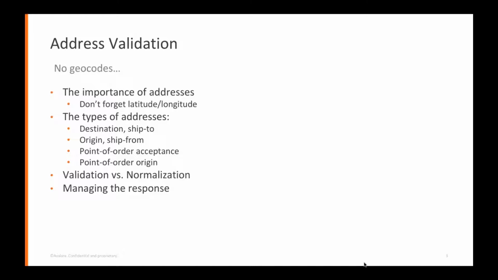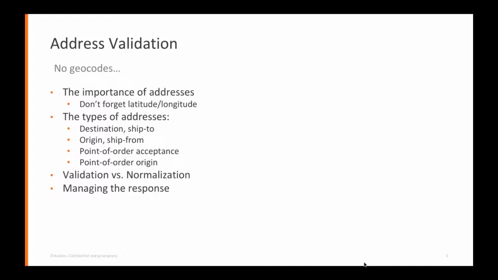And you'll also see that there are 2 other address types that I have listed here: point of order acceptance and point of order origin. Point of order acceptance is where the merchant or the seller accepted the order. And that could be different than from where that seller, let's say if it was a product order, shipped the order from.